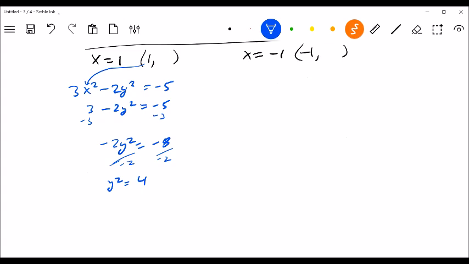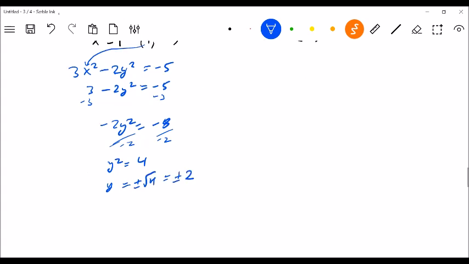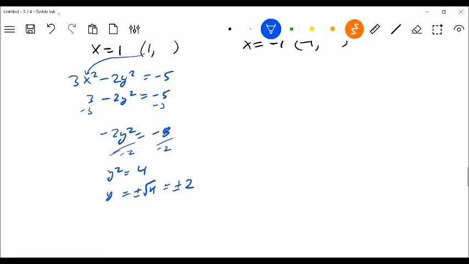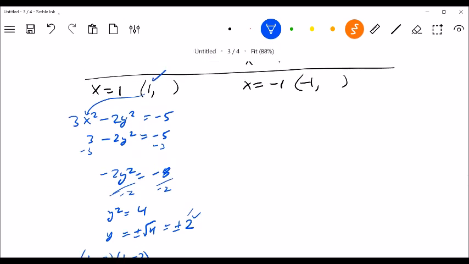Let's take the square root of it. y is equal to plus or minus square root of 4, which is just 2. Plus or minus 2. So now I have a 1 with a 2 and a 1 with a -2. So I've used both of the 2's here with the x value here.